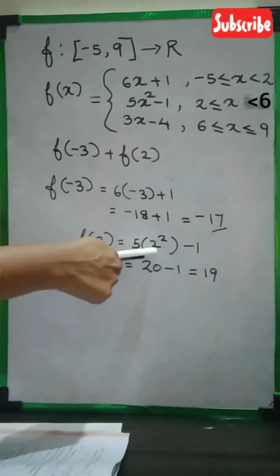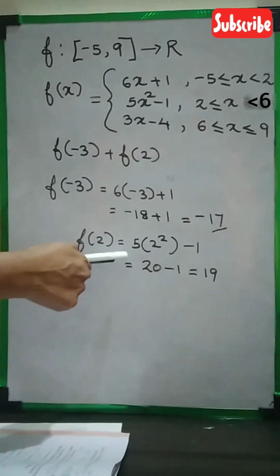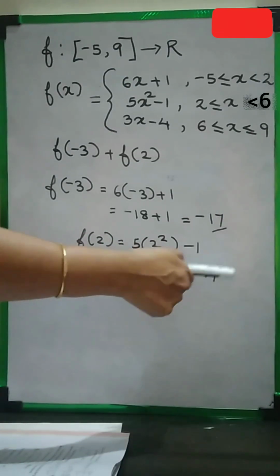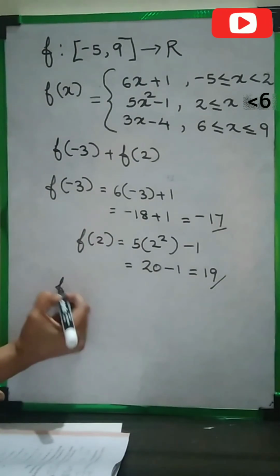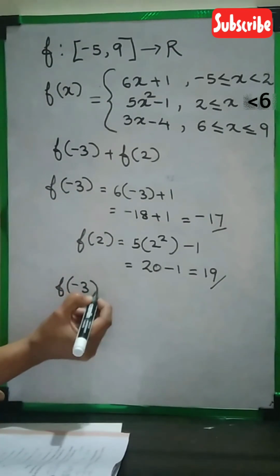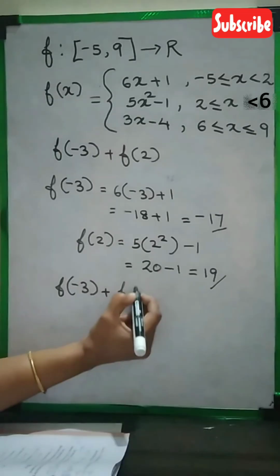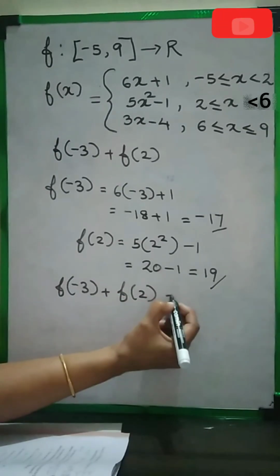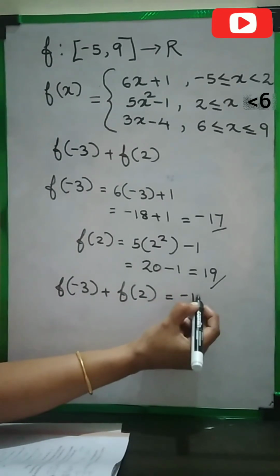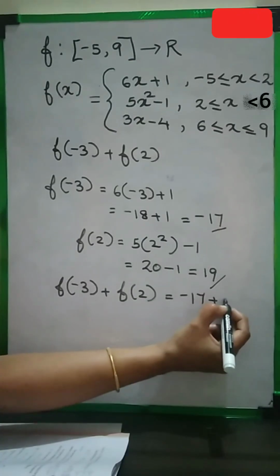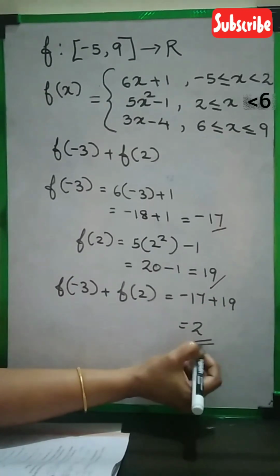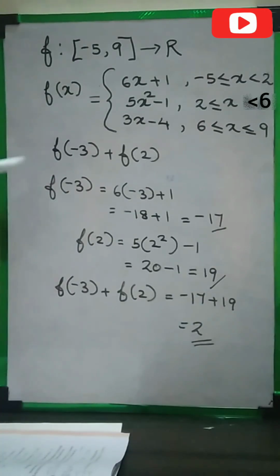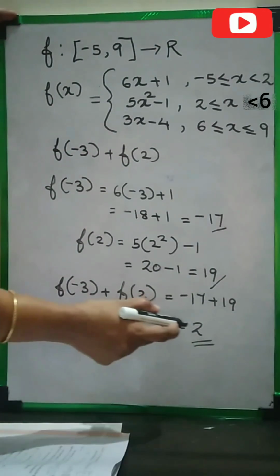Okay. 20 எப்படி வந்தது? 2 2s are 4, 4 5s are 20. 20 minus 1, 19. Okay. Now f of minus 3 plus f of 2 oda value. Okay. That is equal to minus 17 plus 19. That is equal to 2. Okay. So f of minus 3 plus f of 2 is equal to 2.